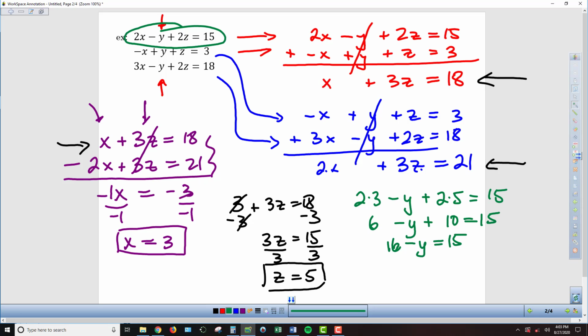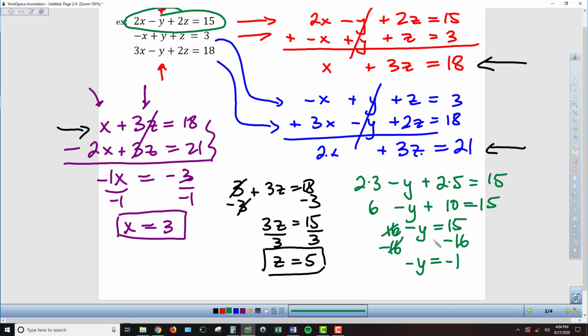I can subtract 16 from both sides, so I get negative y equals 15 minus 16 is negative 1, or if I scroll down just a touch, divide both sides by negative 1, and I get y equals positive 1. And so then taken together, that is the solution.